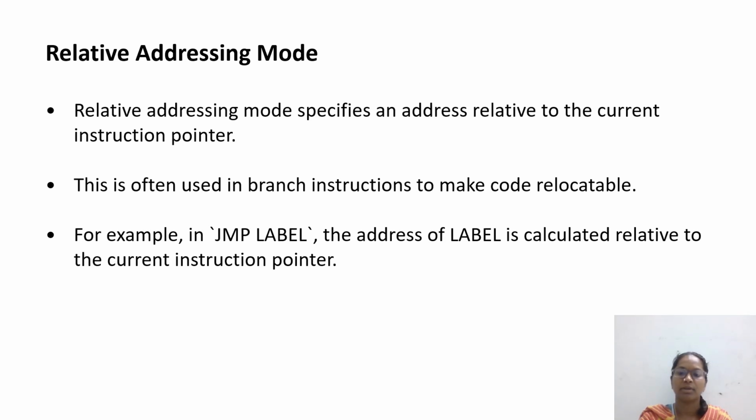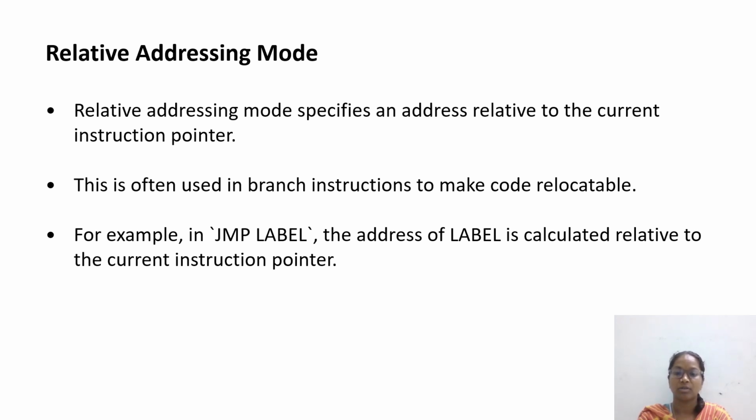Next, coming to relative addressing mode. Relative addressing mode specifies an address relative to the current instruction pointer. It is often used in branch instructions to make code relocatable.